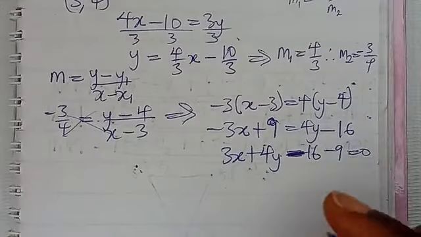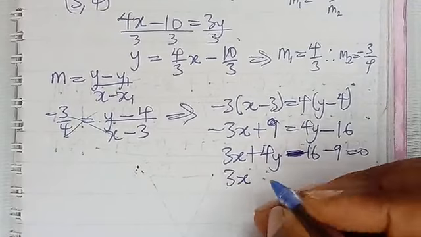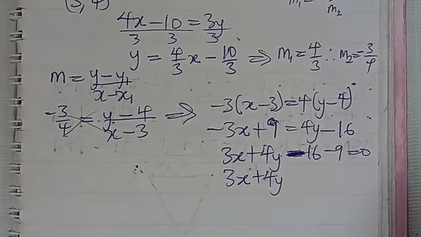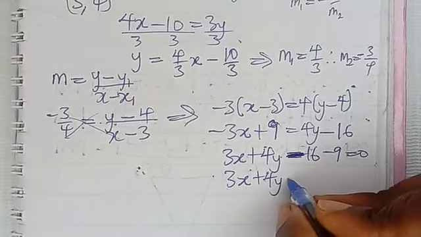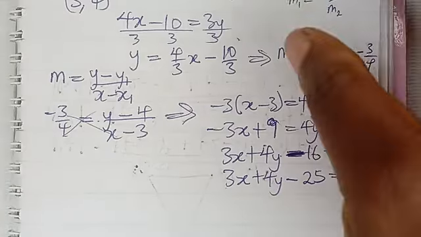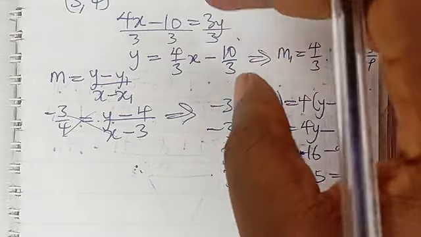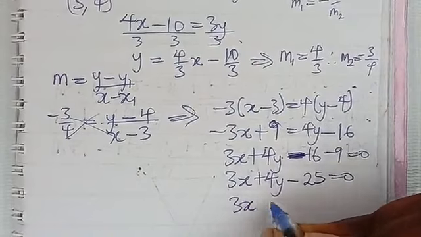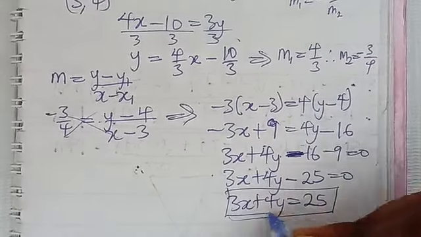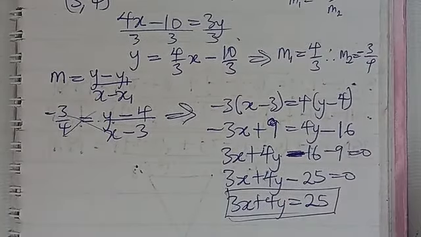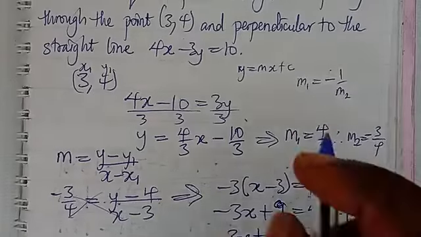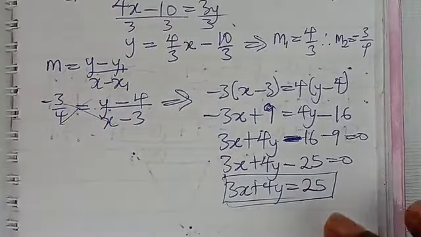So we have 3x plus 4y minus 16 minus 9, which is negative 25, equal to 0. But if we want to have it in the form of the original equation given to us, we're going to have 3x plus 4y is equal to 25. So this is the equation of the line which is perpendicular to this and passes through this point. So that is the equation.